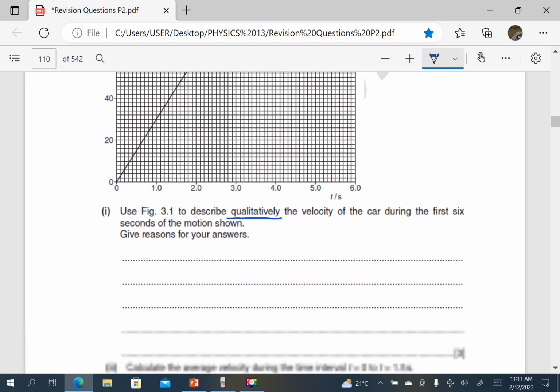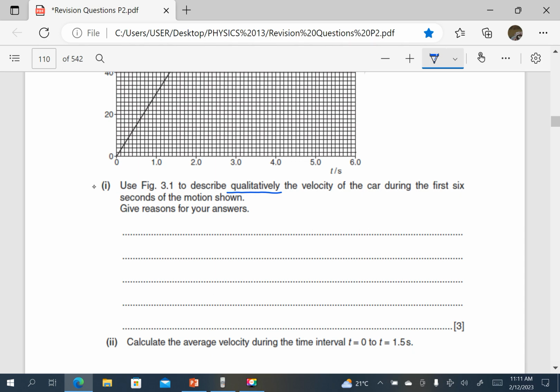Initially velocity is constant as it is a straight line, which means constant gradient.